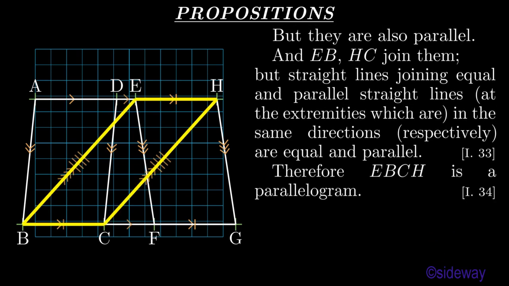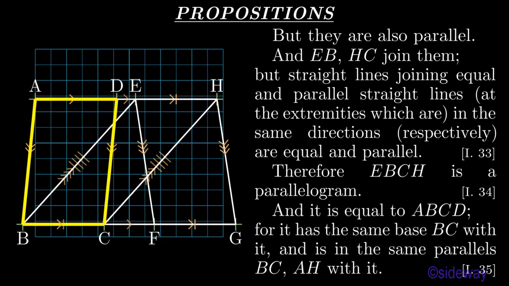Therefore, ABCH is a parallelogram, by Book 1, Proposition 34. And it is equal to ABCD. It has the same base BC with it, and is in the same parallels BC, AH with it, by Book 1, Proposition 35.